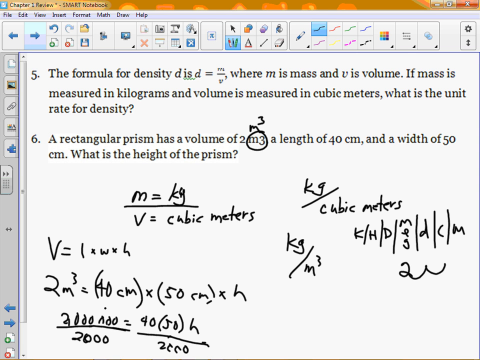Multiply with what? What's 40 times 50? I said 200. It's 2,000. What'd I forget? 5 times 4 is what? 20. There's my first zero. So that's divide by 2,000, divide by 2,000. Talk to me here. So what's the answer? 1,000.